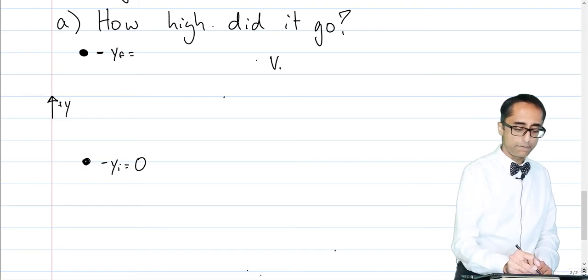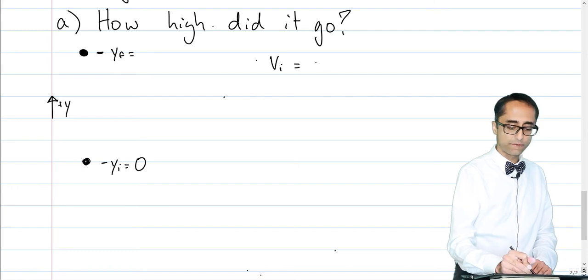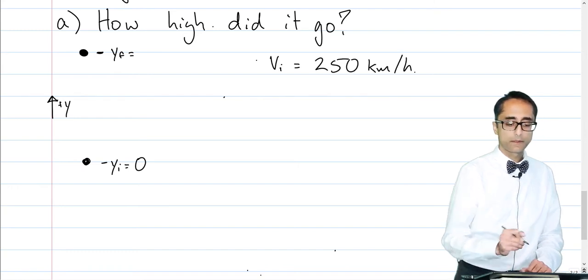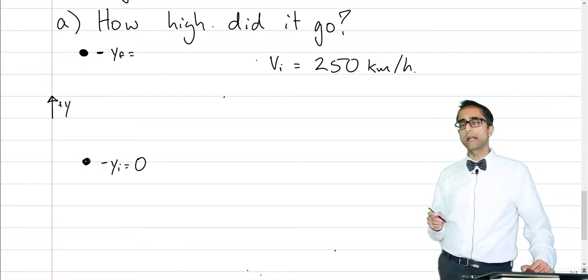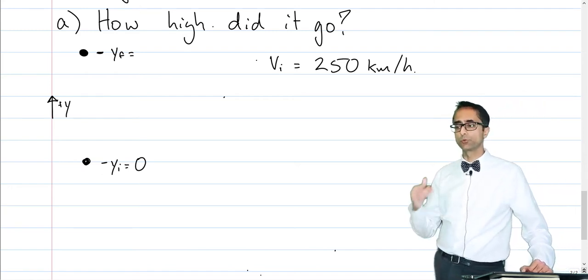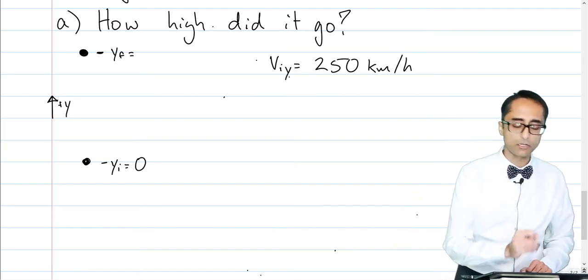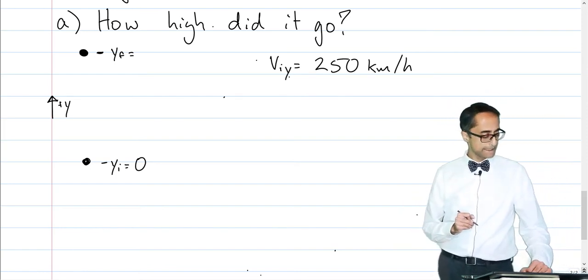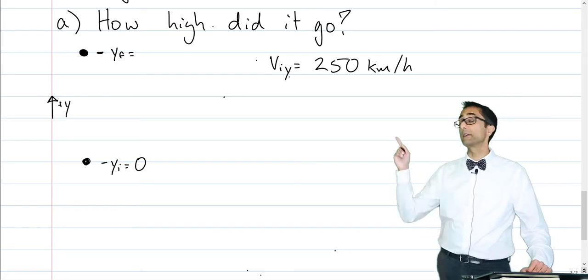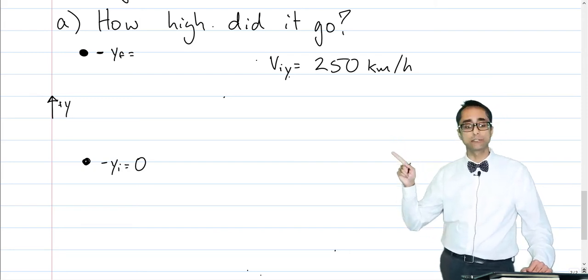We talked about v initial equal to 250 kilometers an hour. Now, again, I highly recommend doing some really good bookkeeping here by separating your x's and your y's. I'm going to call that v initial y. And we notice something very quickly, that is not in SI units.